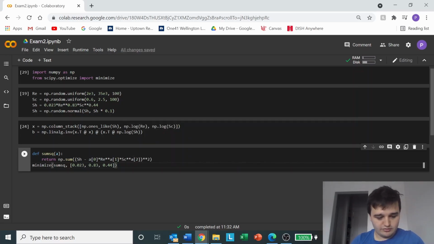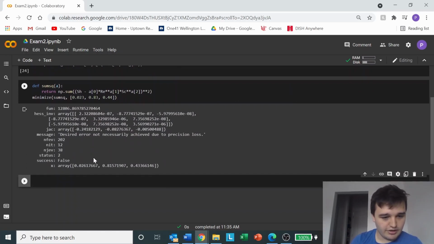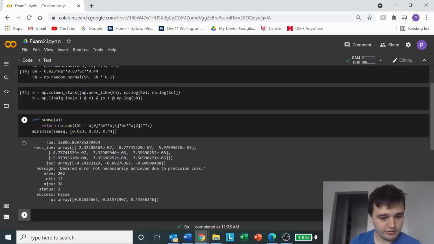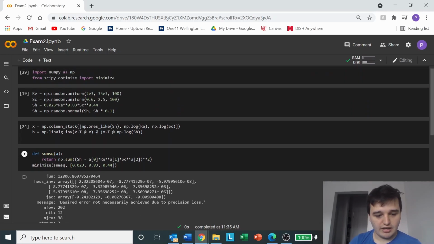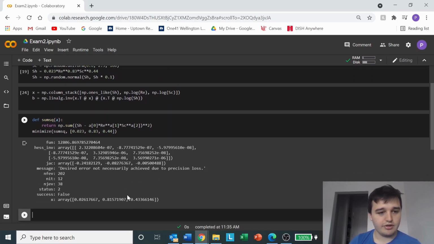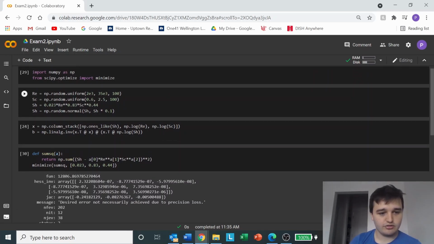If we minimize, shift enter, we should get an array of values that are semi-close. This array tells us that A in this case would be 0.26, B would be 0.81, and C would be 0.433. Those are all really close to the initial A, B, and C coefficients. So that looks like a pretty good fit, and we're going to go ahead and move on to graphing these data points.